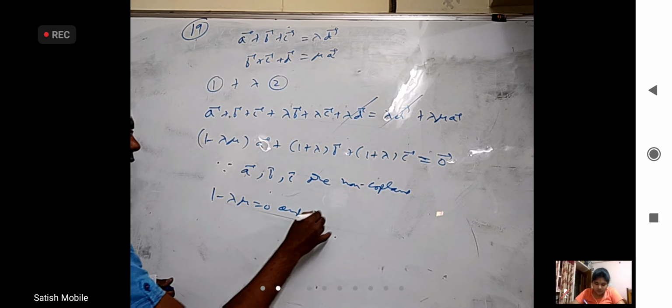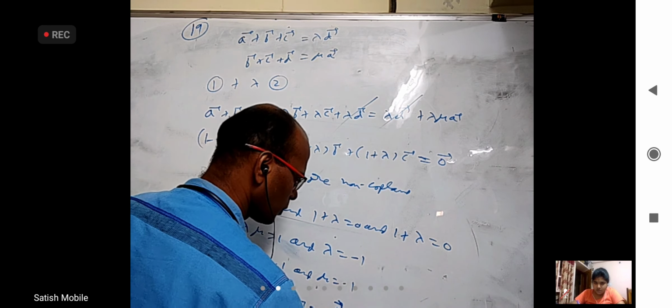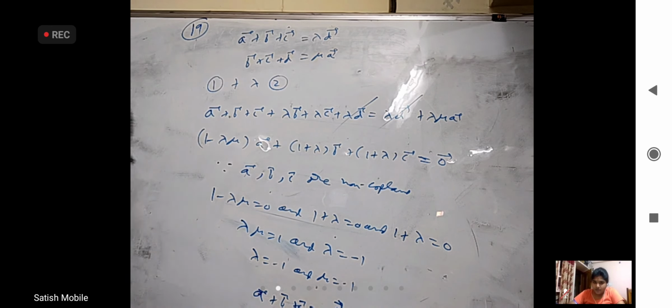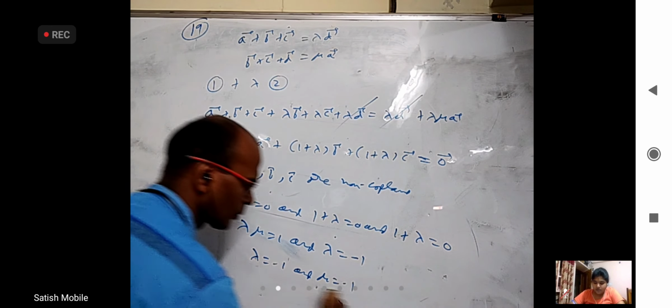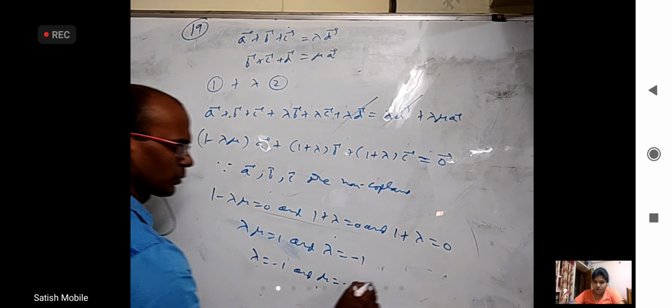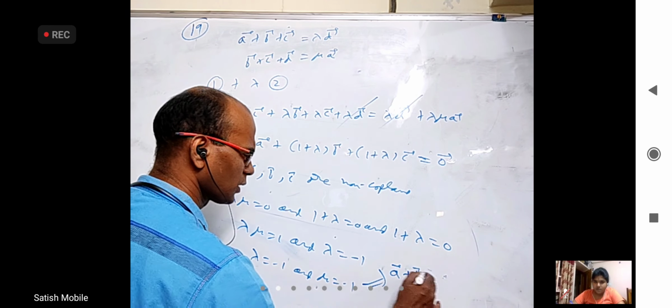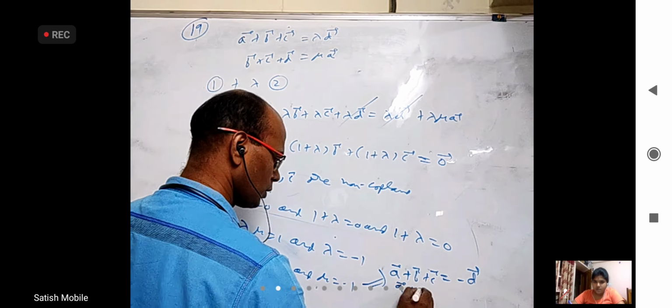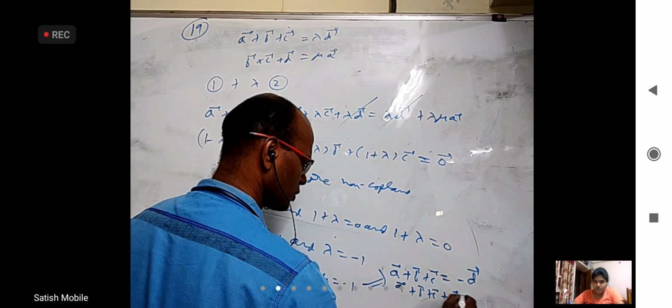If you put lambda minus 1, mu minus 1 back in any one of them, you are going to get a bar plus b bar plus c bar equal to minus d bar. So a bar plus b bar plus c bar plus d bar equal to 0 bar.